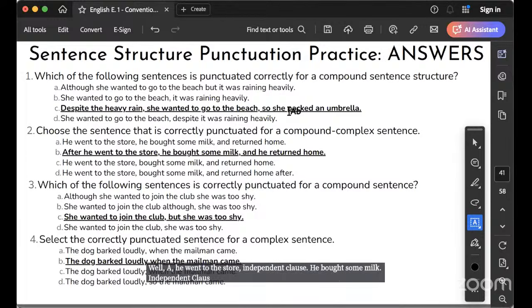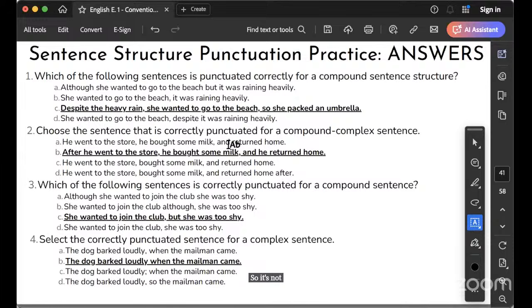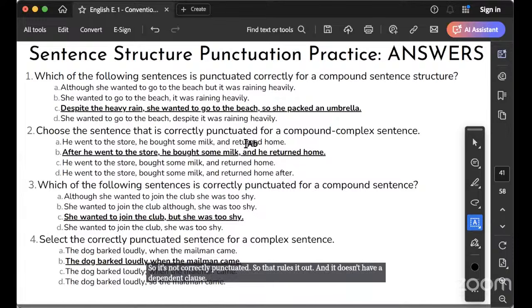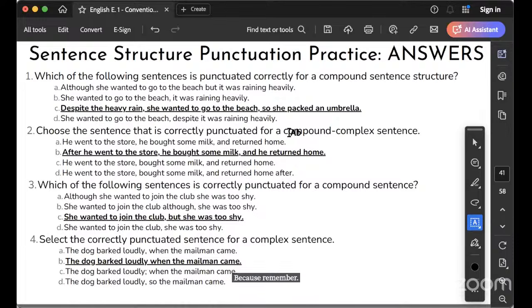Returned home. That actually is part of he bought some milk. It's just been punctuated incorrectly. So it's not correctly punctuated, so that rules it out. And it doesn't have a dependent clause, because remember, returned home wouldn't be a dependent clause because it doesn't have a subject. It's actually just all tied together.